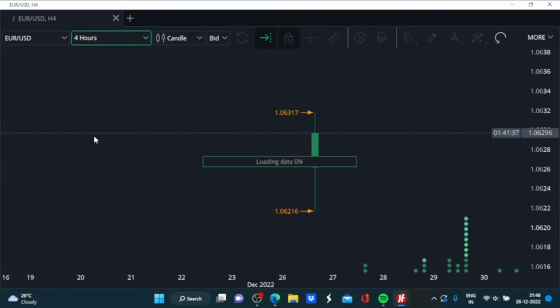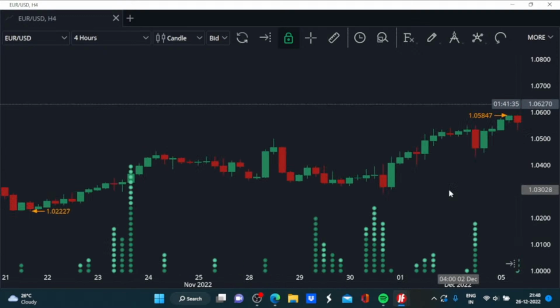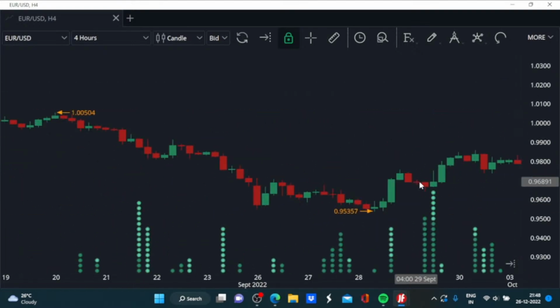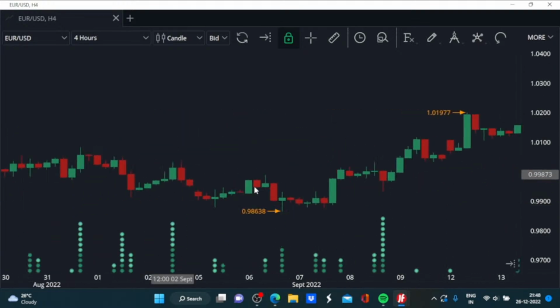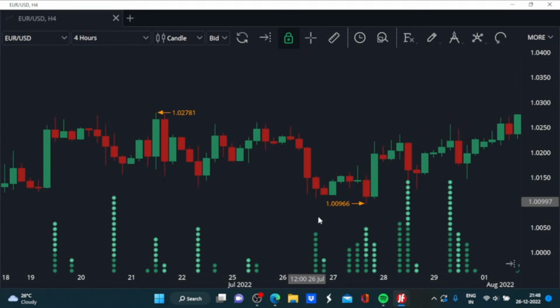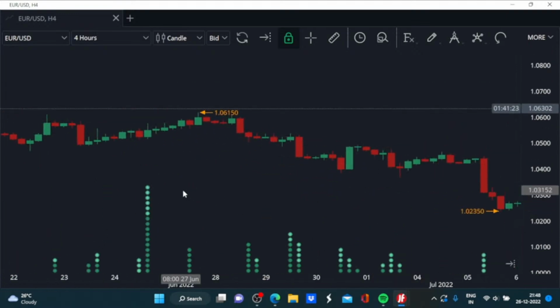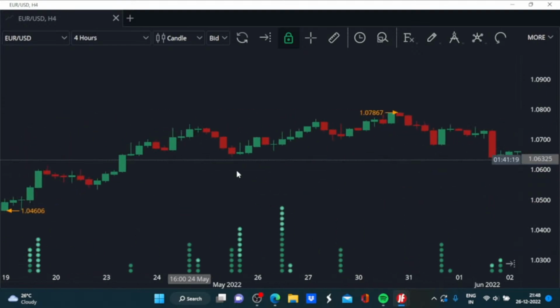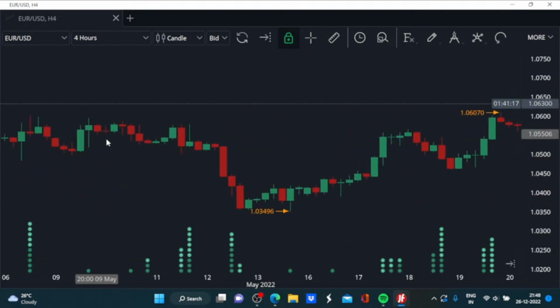Let's try 4 hourly. And even on the 4 hourly we are finding it very difficult to get a single instance. So this is a rare combination. It won't be forming too often in the market.